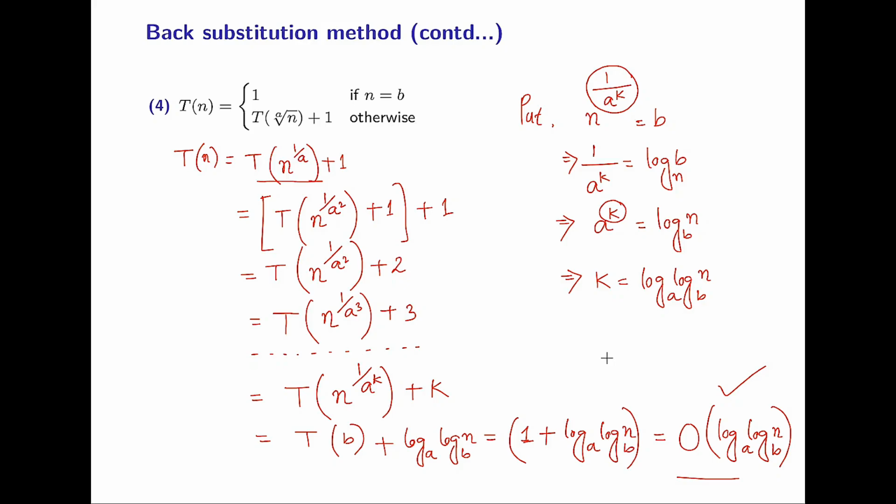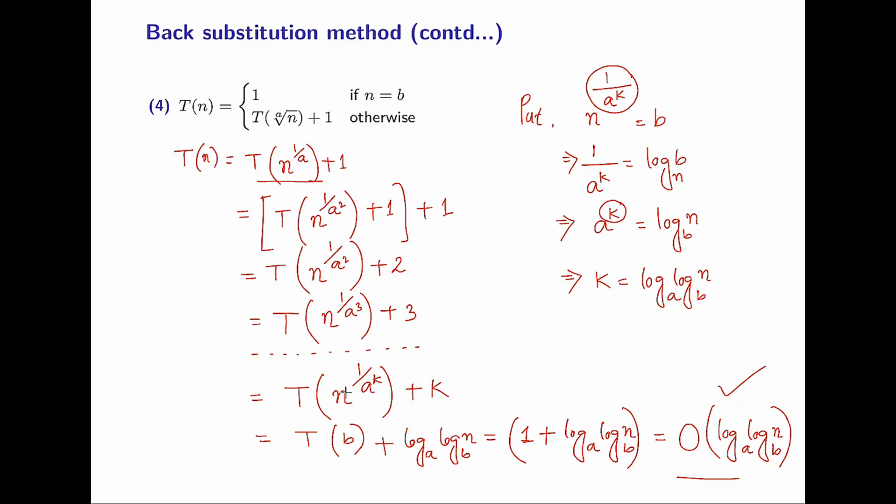So this is the way we can solve recurrences using the back substitution method. The important thing is that you substitute the term, like here we have substituted T(n^(1/a)), and then we observe a pattern.